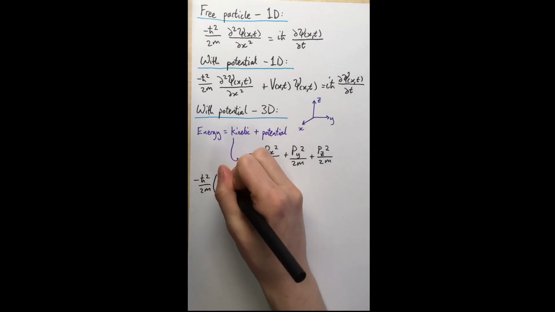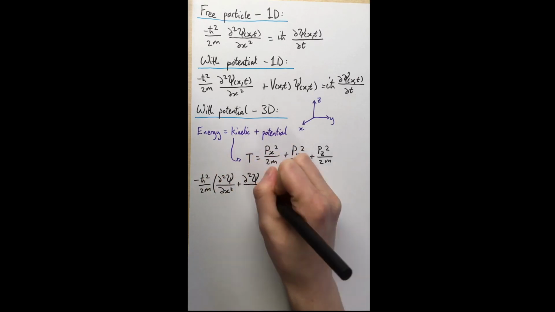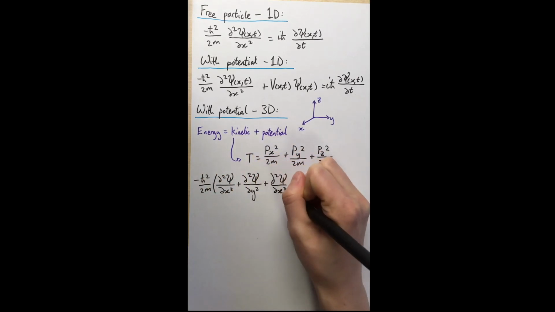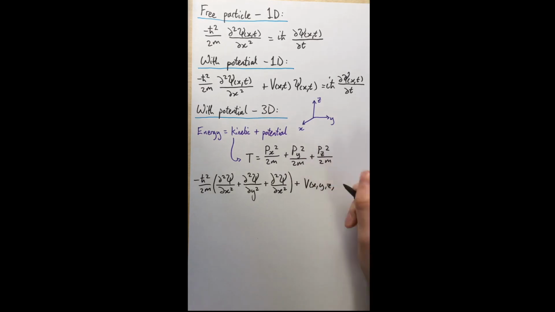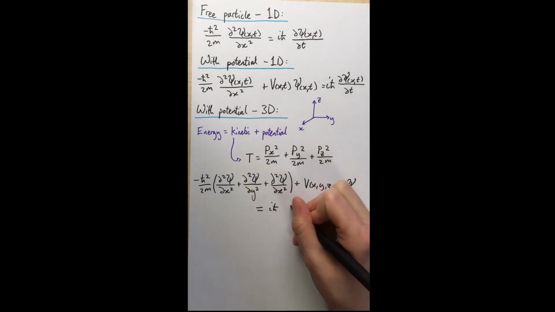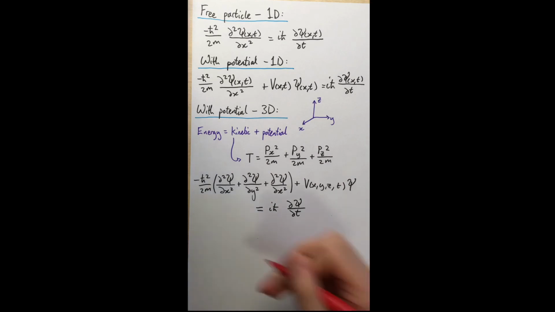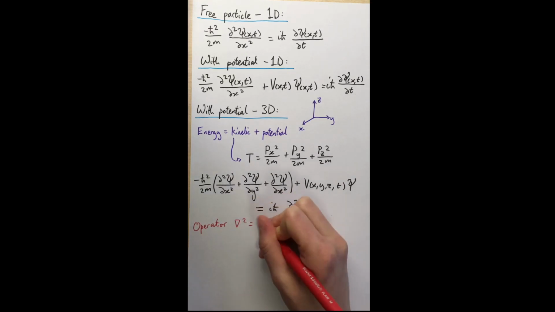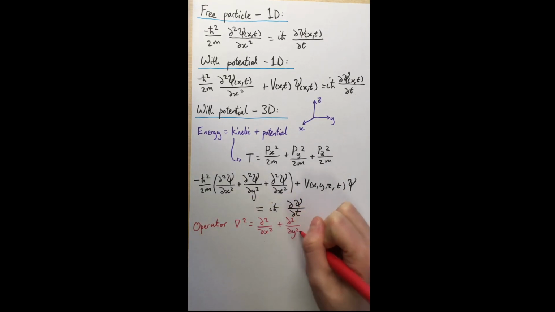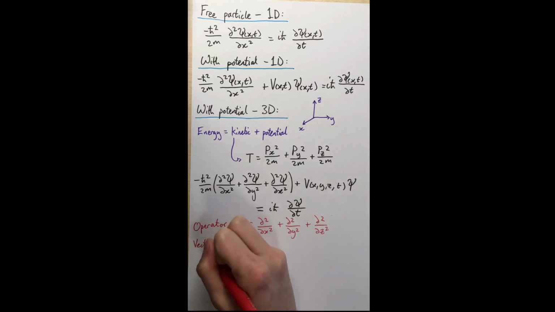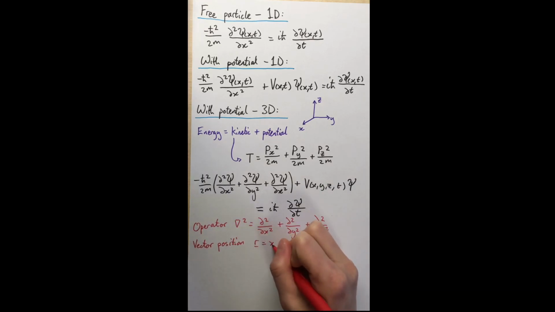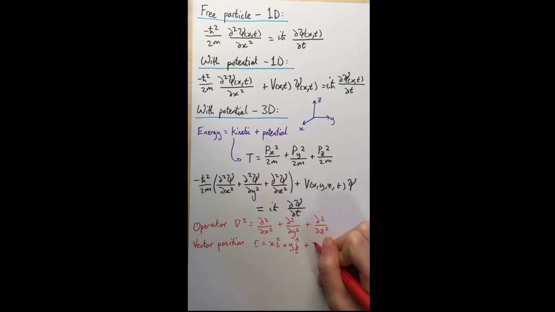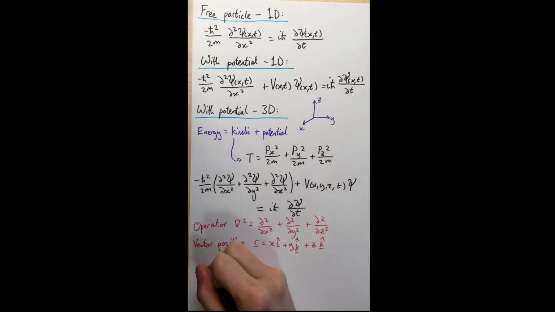When we propagate this through, we find that that results in 3 terms of the second derivative with respect to each position coordinate. We can write this a little more compactly, using the operator del squared and using a vector position r. So now we can write the 3D Schrodinger equation.